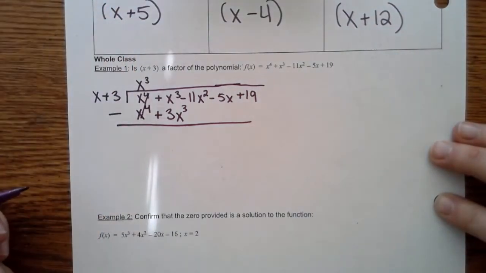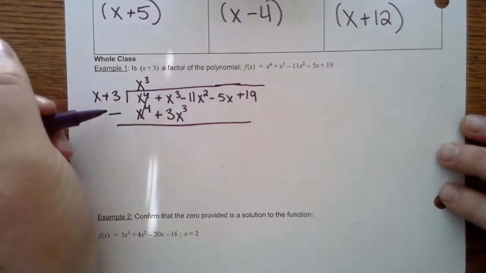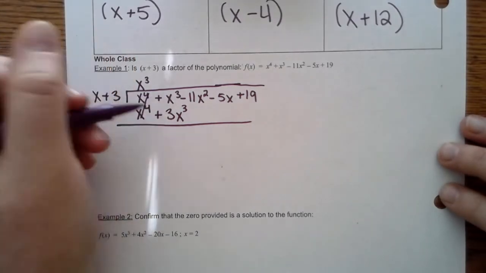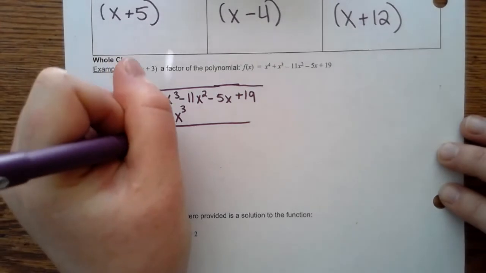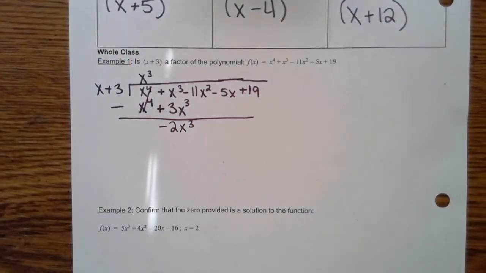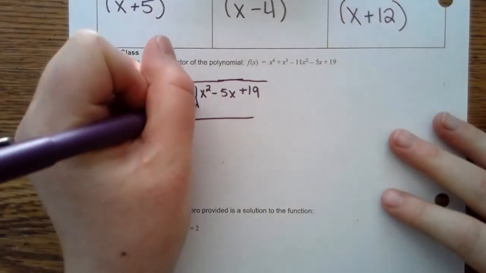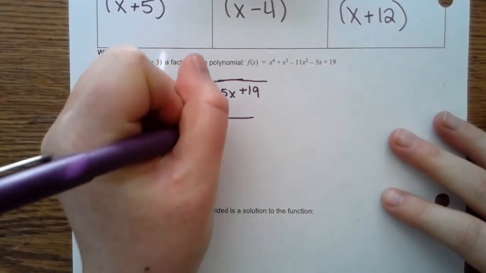That cancels. Remember, guys, minus sign. x to the 3rd minus 3x to the 3rd is going to be negative 2x to the 3rd. The goal is that you're going to lose a degree each time. And every time you do this, you're going to bring another one down. So I drop this down, negative 11x squared.